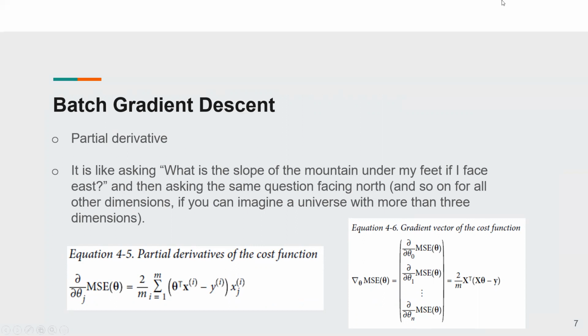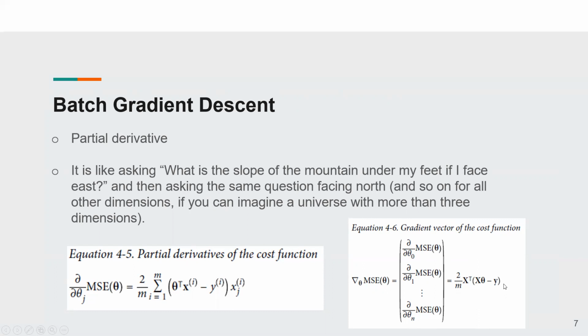For MSE, the partial derivative with respect to a specific theta can be calculated this way. This can also be put in vector form for each one of them. Putting them together, the vectorized solution would be 2 over m times X transpose (X theta minus y).